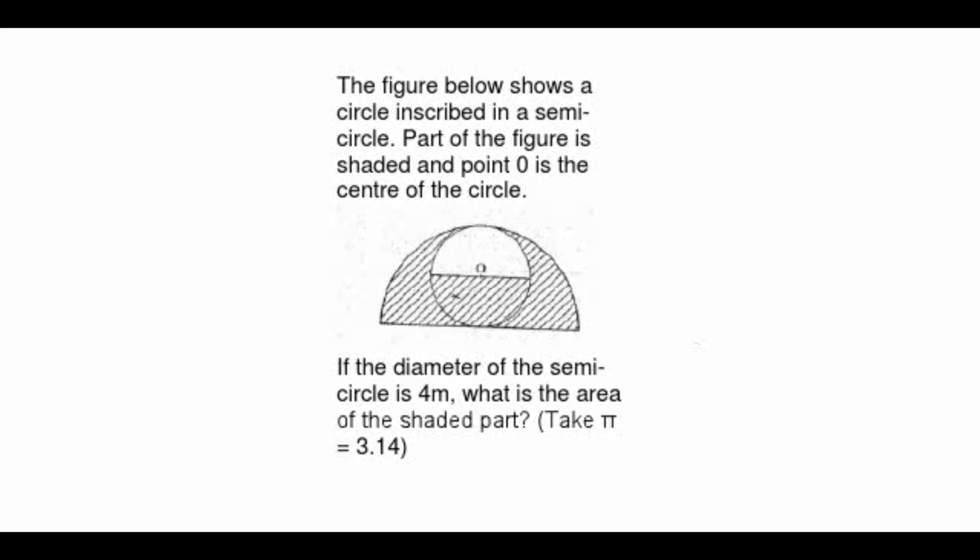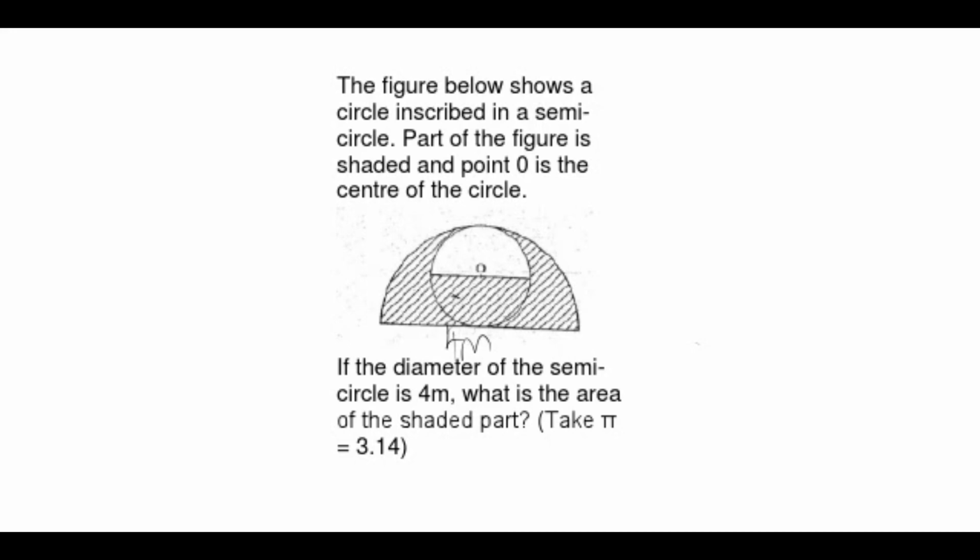The figure below shows a circle inscribed in a semicircle. Part of the figure is shaded and point O is the center of the circle. So we have the semicircle, and inside it we have a circle. If the diameter of the semicircle is 4 meters, so this is 4 meters, what is the area of the shaded part?